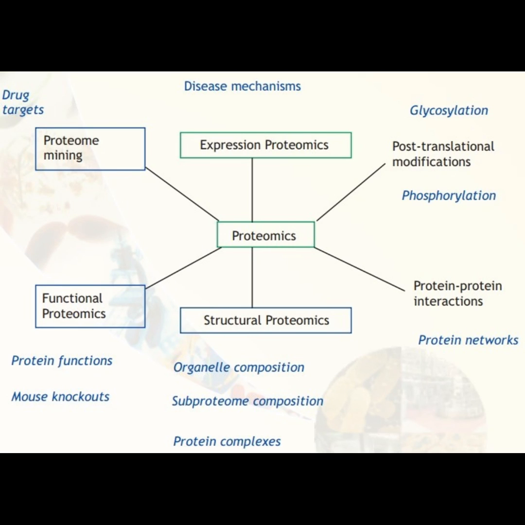Expression proteomics is the large-scale analysis of protein expression. It can help to identify the main proteins found in a particular sample and proteins differently expressed in related samples, such as diseases versus, as I have told earlier, healthy tissues.